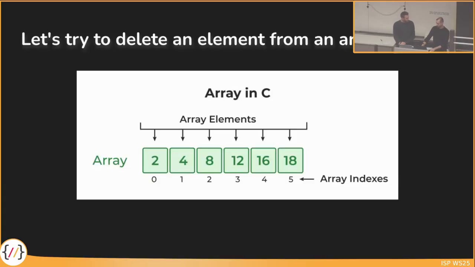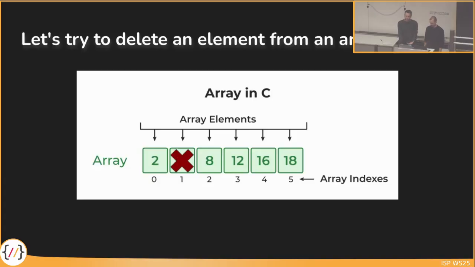So what I have to do now is really cancel this 4 out, and then I have to shift all of my next items 1 to the left. And this could not be done within one operation, right?